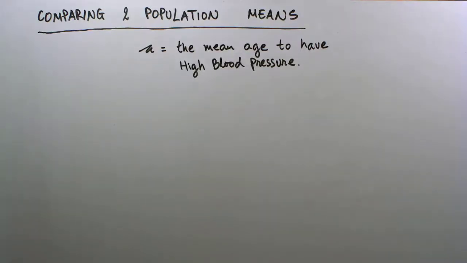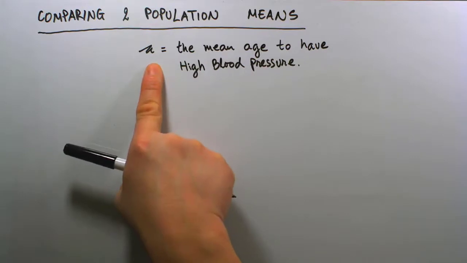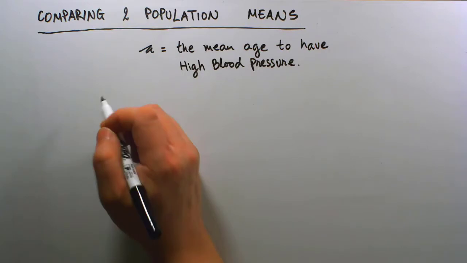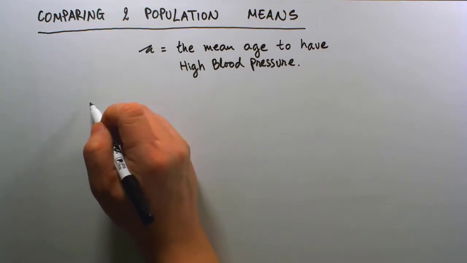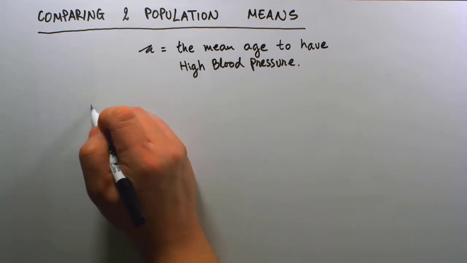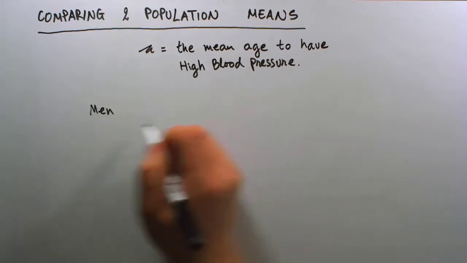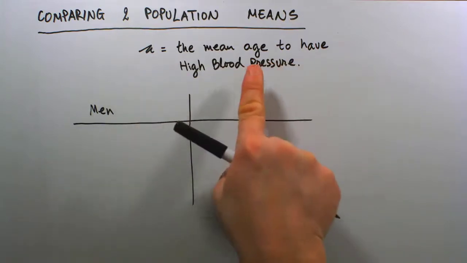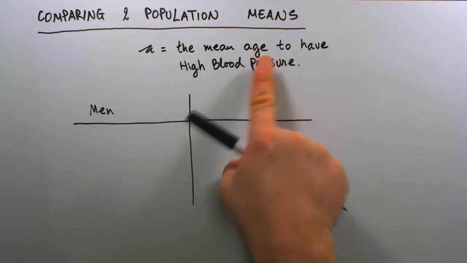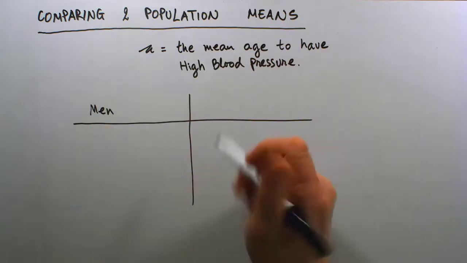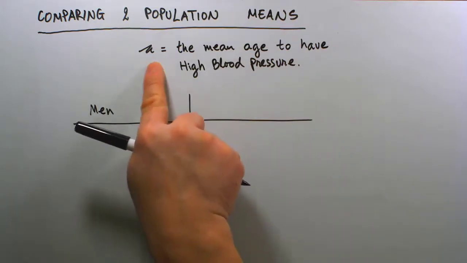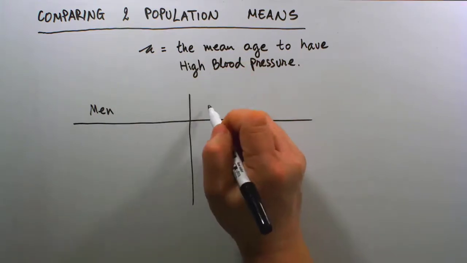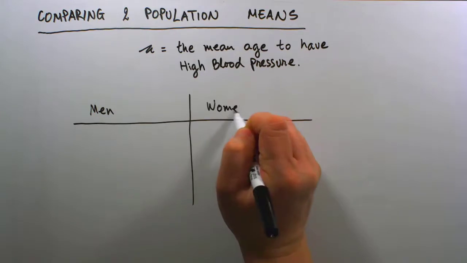So the idea now is that it is apparently the same mean age, but we can look for it in two separate populations. From the description we have seen on the computer screen, in the man population we can find that mean age, and the same general population mean age to have high blood pressure also exists in the woman population.